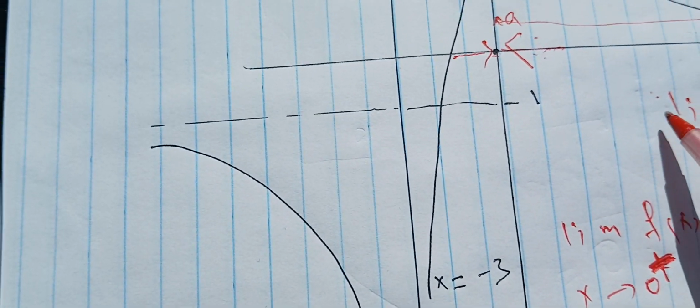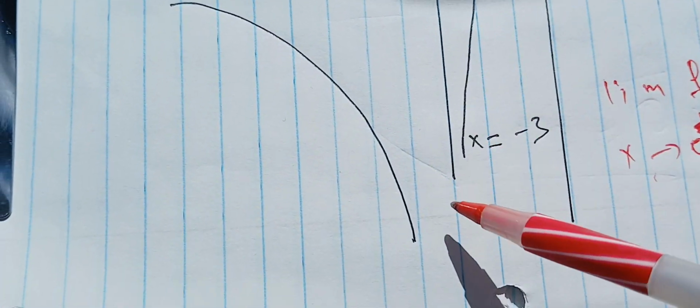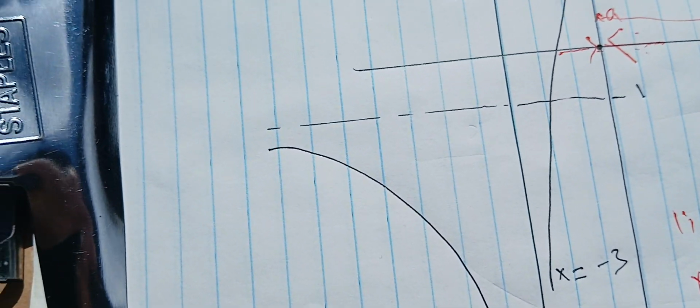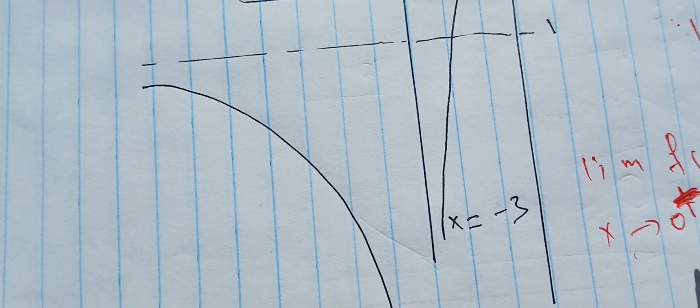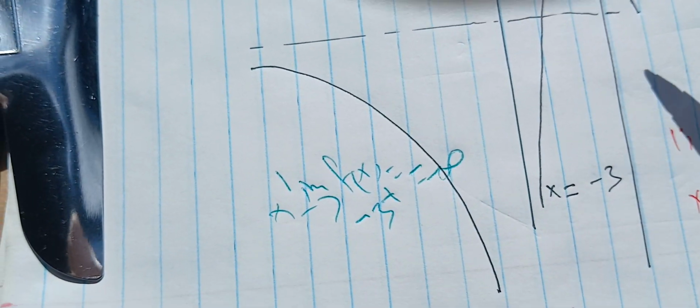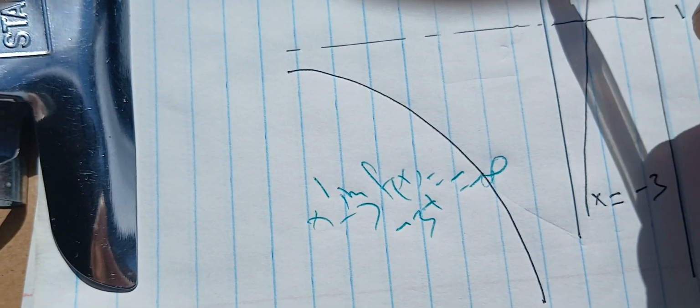Here we see as we go to this point here, so we are given this one, it's -3. So we can write it this way. The limit of f of x as we go to -3 from the right is minus infinity. So here this is -3.